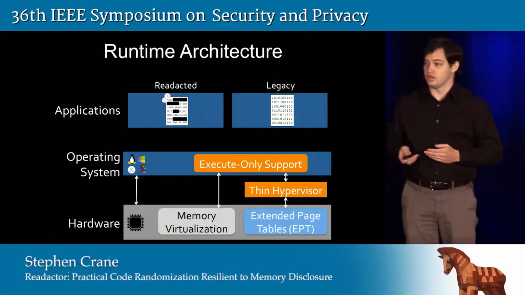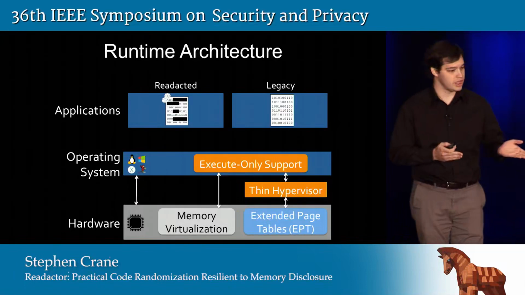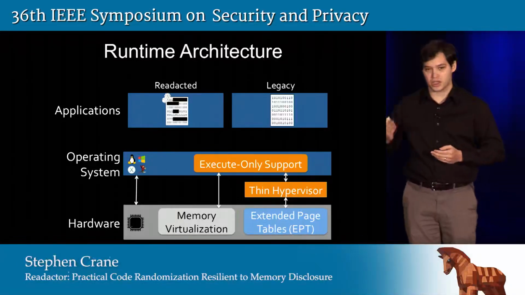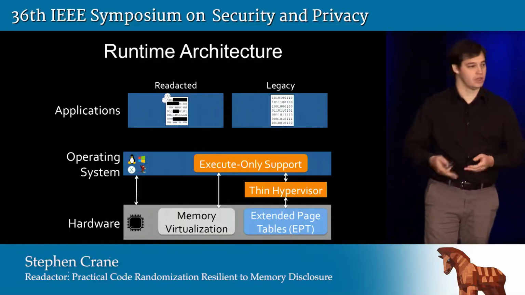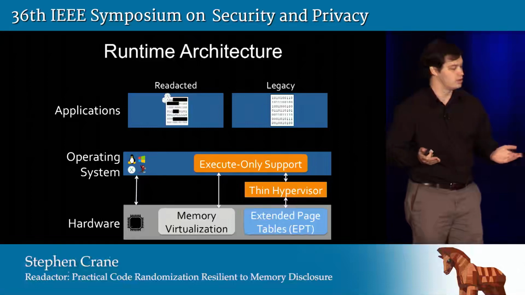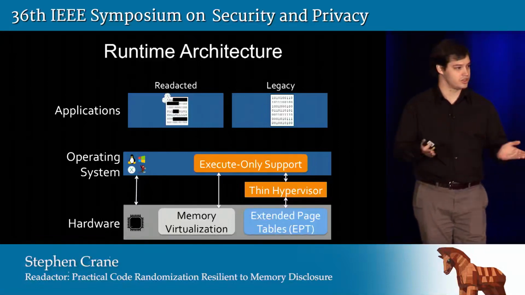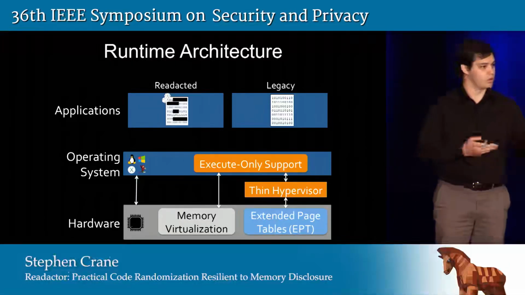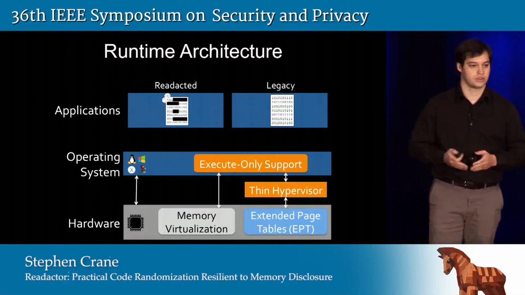We also wrote a Linux kernel driver to interact with the existing page tables and the extended page tables in order to, when an application requests a page we map with execute-only permissions, make sure it actually gets execute-only permissions. We interact fully with legacy applications. If the legacy application was not compiled with our Readactor compiler, it will request read and execute permissions for its code segment, and we allow this as normal.